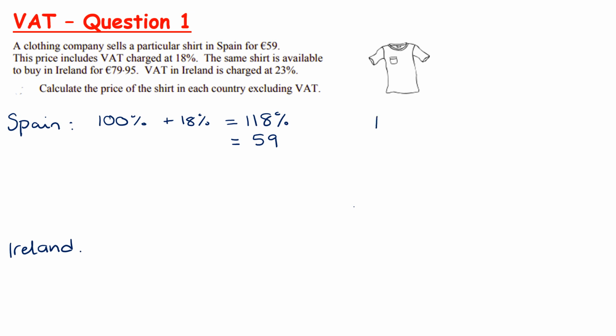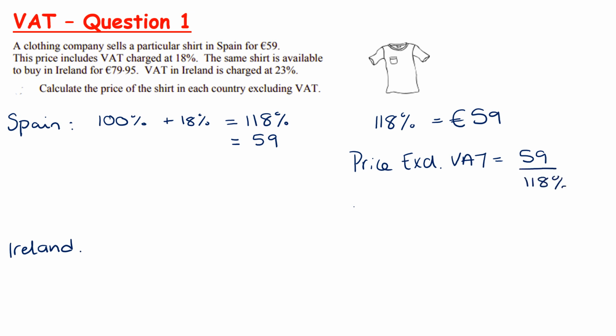So I have 118% equals €59. The price excluding VAT, meaning before VAT, is going to be €59 divided by 118%, or 1.18 if you prefer. Putting that into my calculator, I get €50. So it was €50 in Spain before VAT was added on.